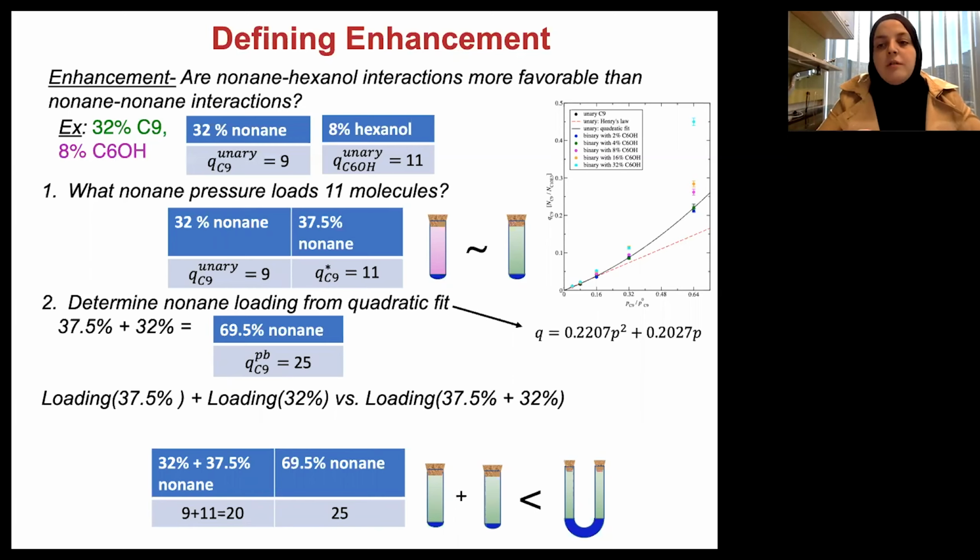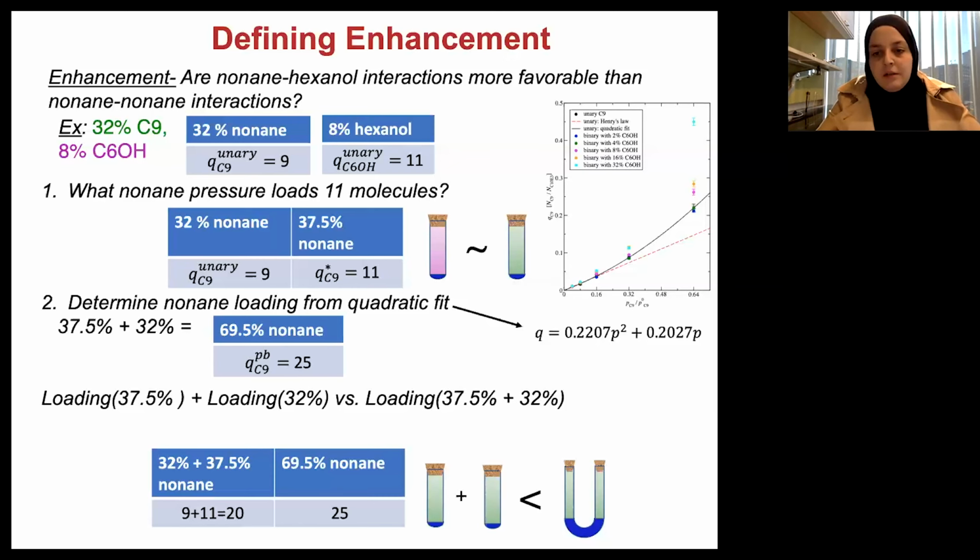So now the question that we pose is, what happens if, instead of having 11 hexanols there, we had 11 nonanes? So then we go and using our quadratic fit, we obtain the partial pressure that correlates with 11 nonanes, and that occurs at 37.5% partial pressure nonane.